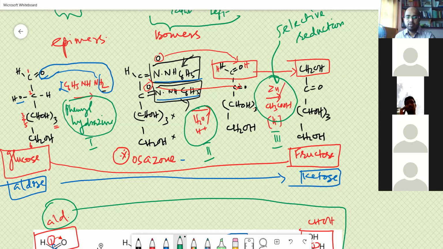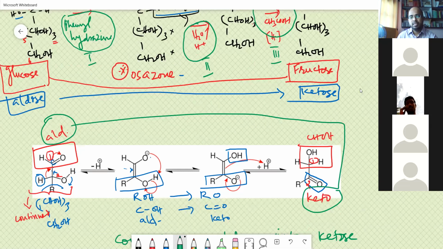So this is a very good example of conversion of glucose into fructose. And you can see that the osazone is formed by both glucose as well as fructose. As long as you have keto group or aldehyde group, osazone is formed. Okay, that is the first reaction we see.